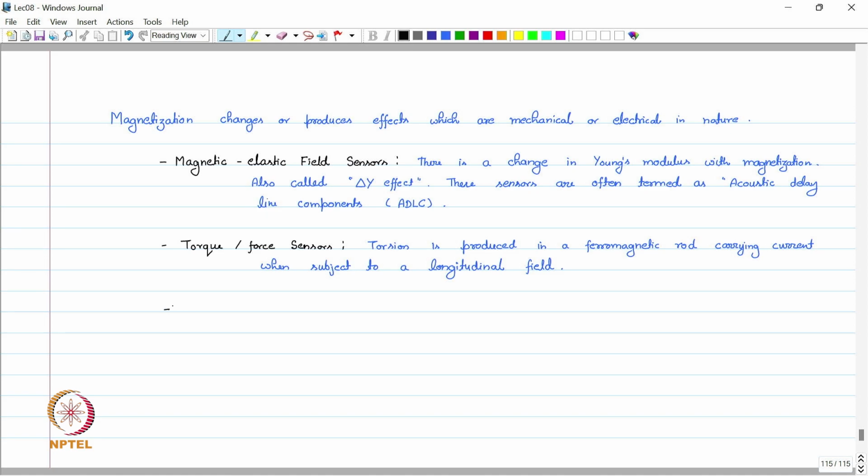The third one, which we are going to discuss in these lectures, are magnetoresistive sensors.